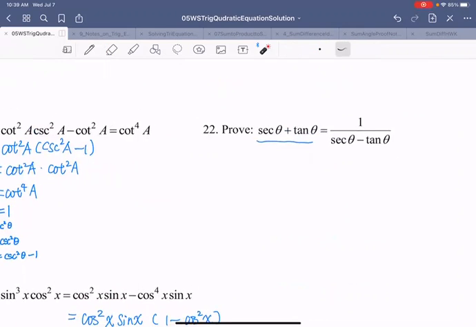Julia, let's see how you do 22. Go ahead. Let's prove this. How do we prove this equals this?